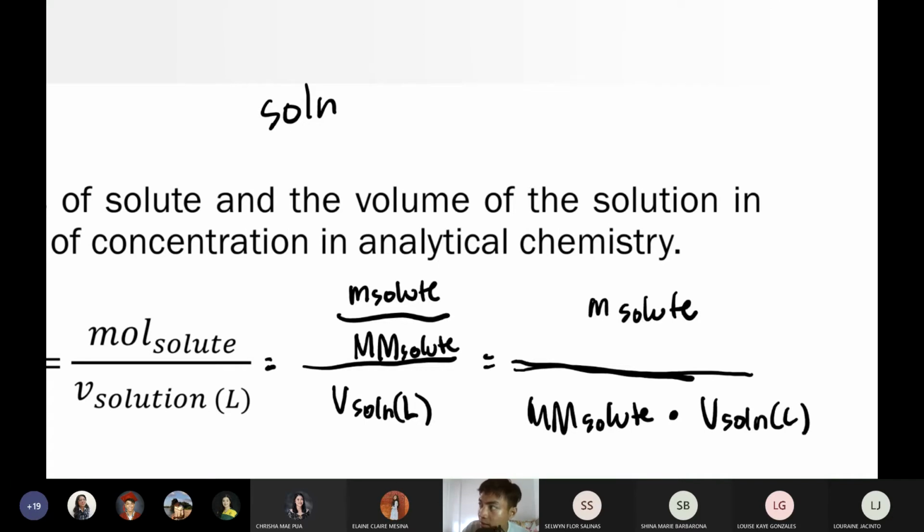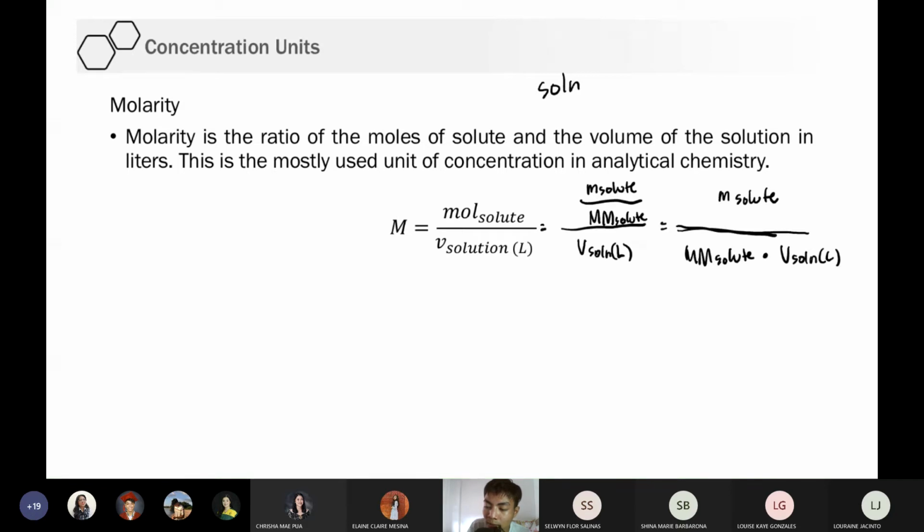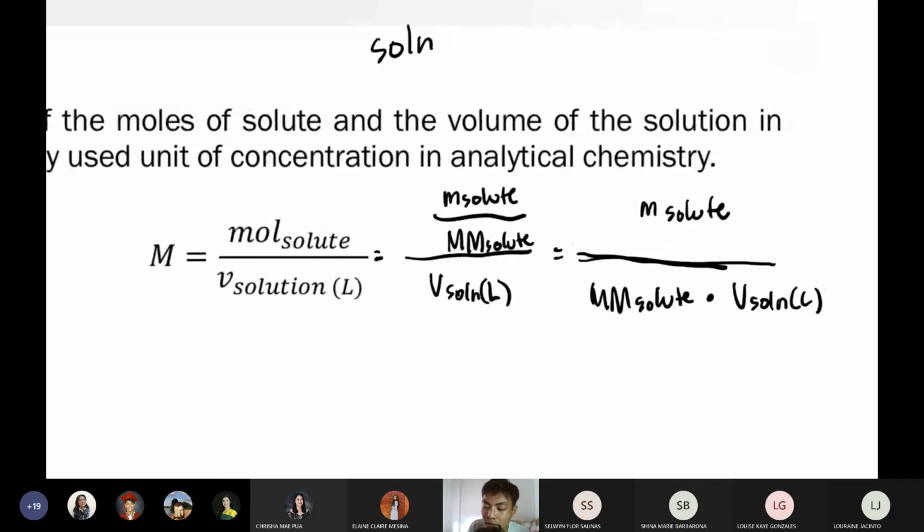So this is the expanded equation for molarity. Sa mga nagsusulat, pakisulat na lang. So molarity, in its simplest sense, that is the moles of your solute divided by the volume of your solution. However, in terms of mass, we can rewrite that as mass solute divided by the molar mass of solute times the volume of the solution. Okay.